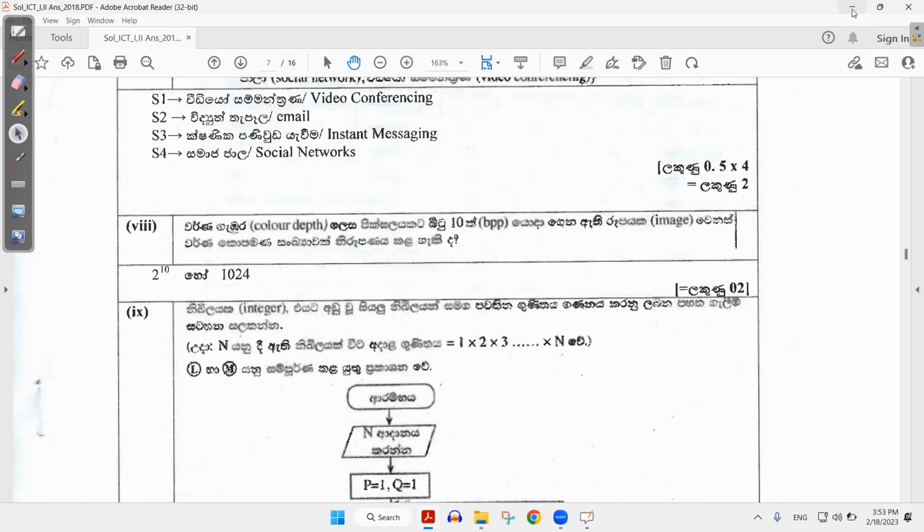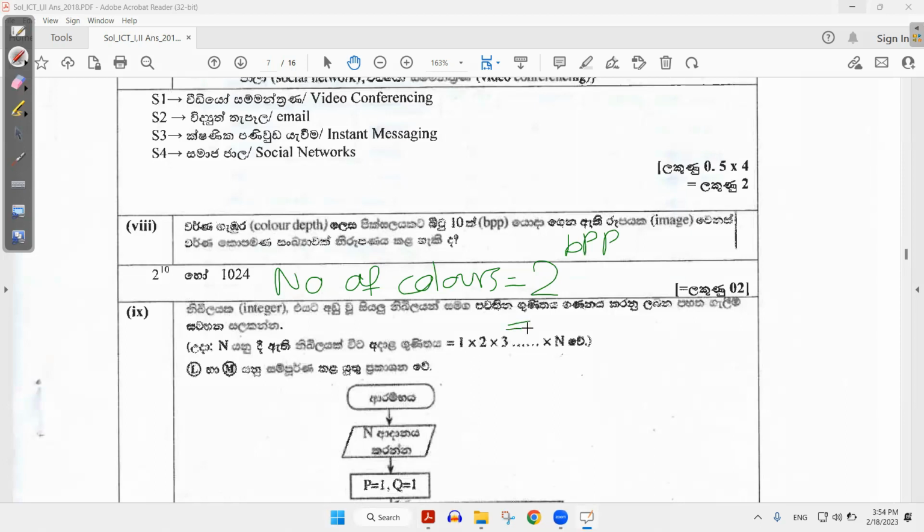The equation behind that is this. Here BPP is bits per pixel.